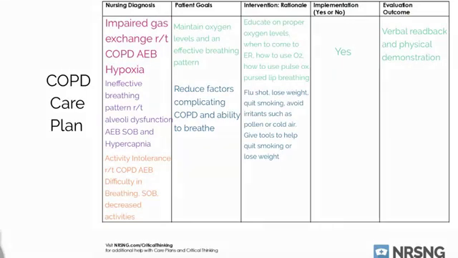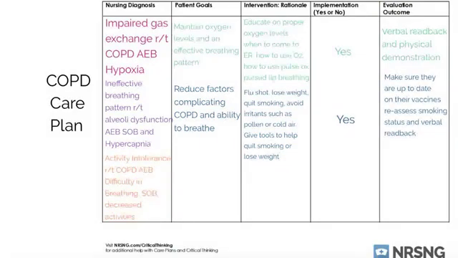So yes, we are going to implement that. And for evaluation, this can be tough because you want to give them the tools that they need to do things like quitting smoking, but it's really in their hands if they can quit smoking or they can lose weight, and that is really difficult to do.